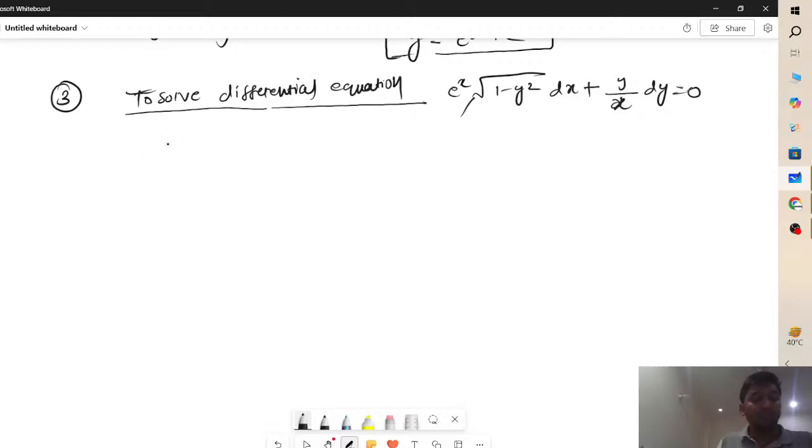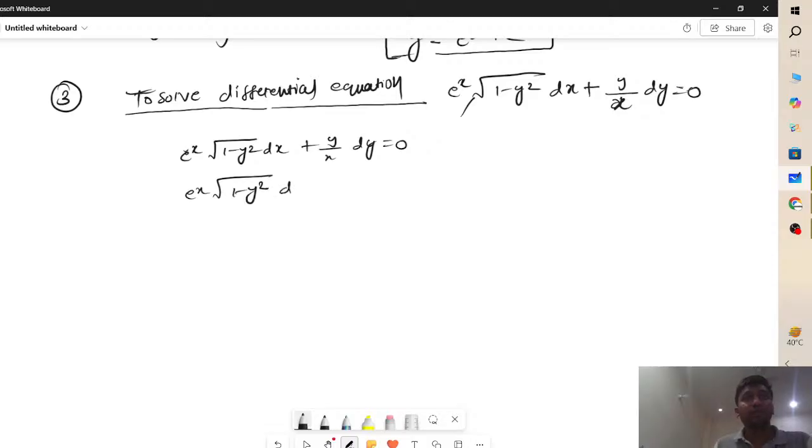Okay, this is our differential equation. So how can we solve? Our e raised to the power x under root 1 minus y square dx plus y by x dy is 0. This further can be written as under root 1 minus y square dx minus y by x dx.